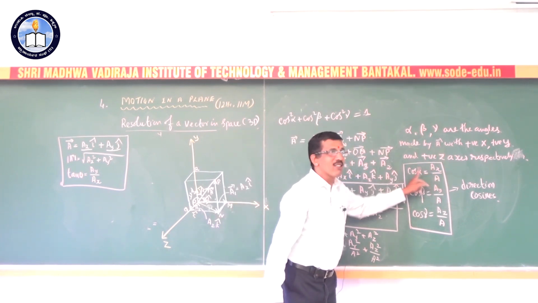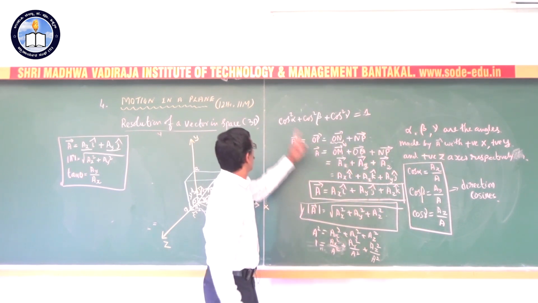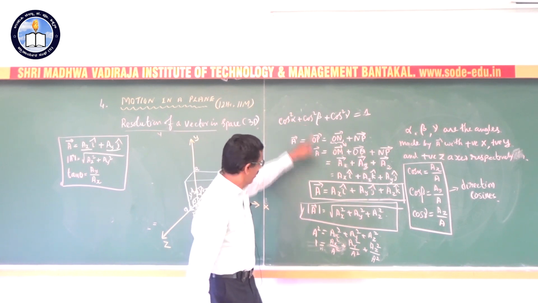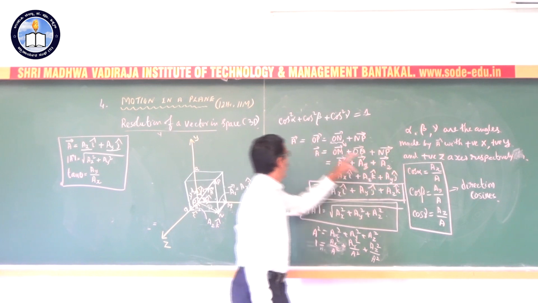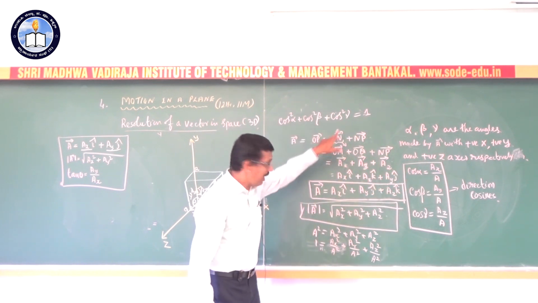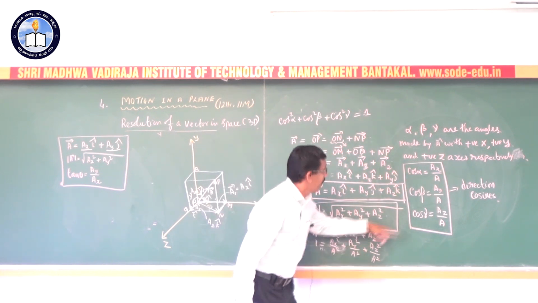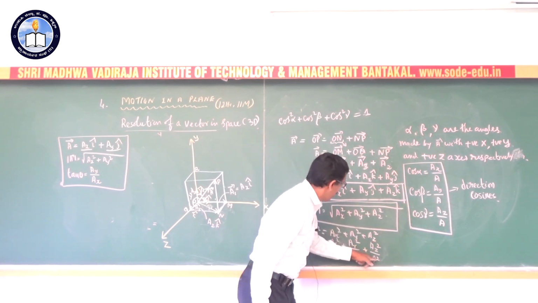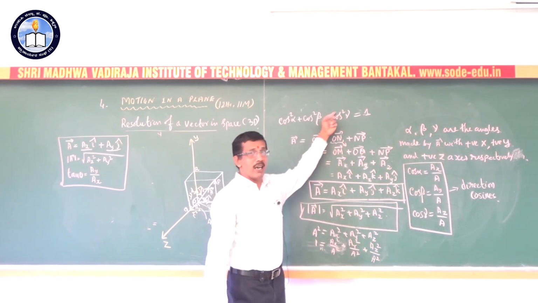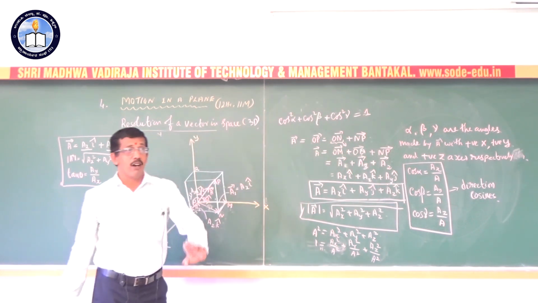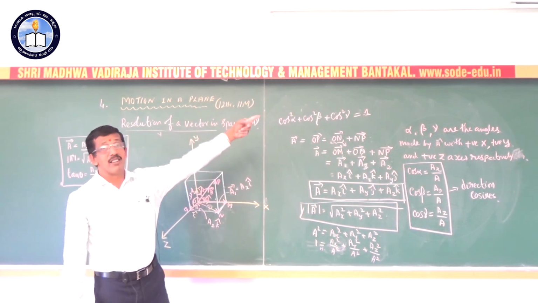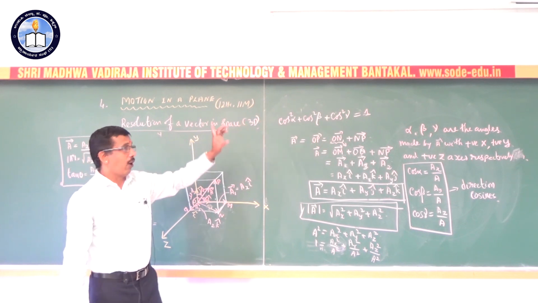It is cos alpha, and as square is there, cos square alpha. Plus, AY by A is cos beta, so cos square beta. Plus, AZ by A is cos gamma, so cos square gamma is equal to 1. Or the sum of squares of direction cosines will give unity, 1.